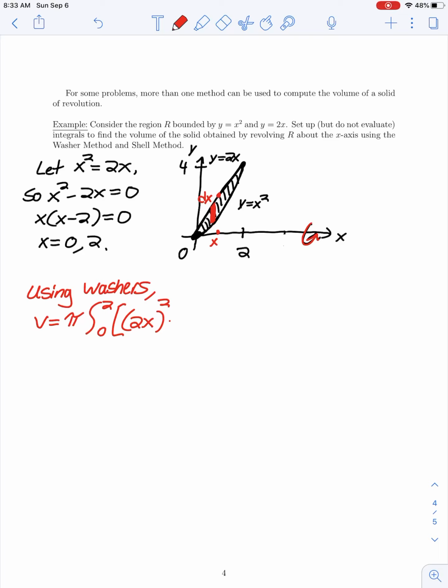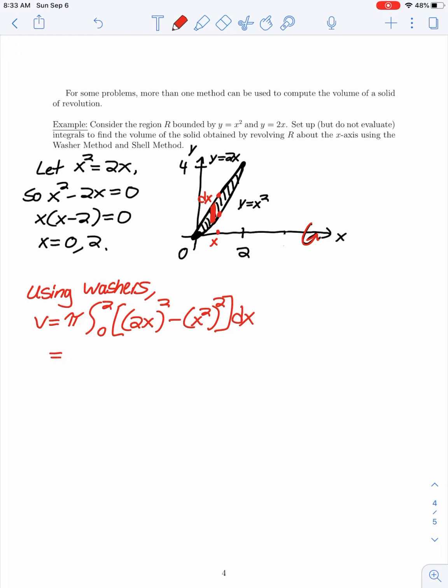So I take that outer radius squared, and then I subtract the inner radius for my washer, which is the distance from the x-axis to the lower curve, which was y equals x squared, and I square that inner radius, multiply by the thickness of my washer, which is dx.